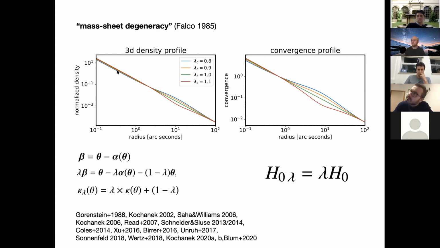And what you see here is in 3D and in projected mass, which is what we call convergence in the lensing language. These are the transforms we can do, and effectively the observables are identical, while the Hubble constant is changed. Each tick is a 10% change in the Hubble constant.